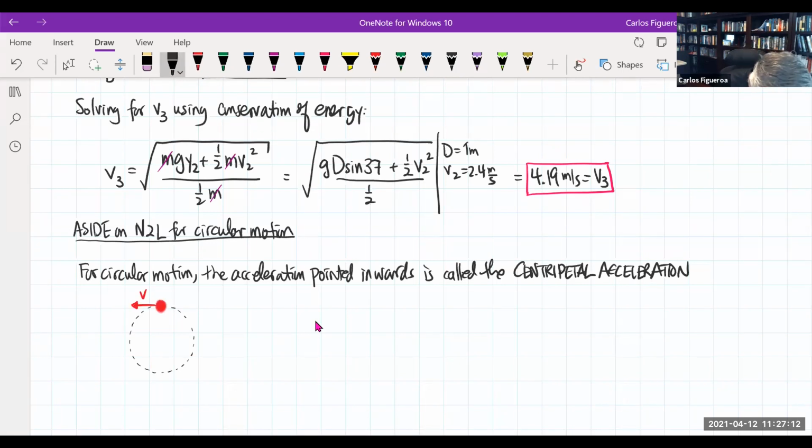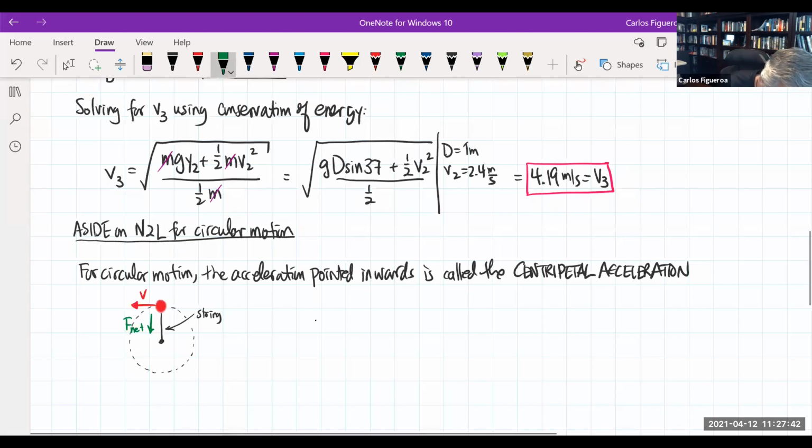the way we typically look at this, we imagine here that this is some string that's tethering this red ball here. What causes this ball to move in a circle here is the string. And so what you're seeing here is that in this case, the net force is pointed down.